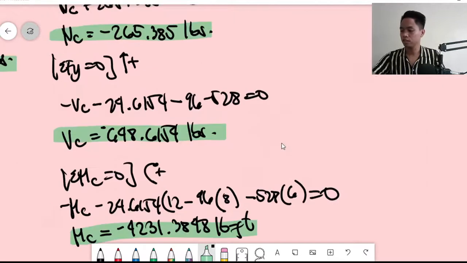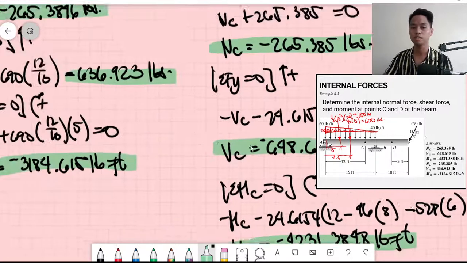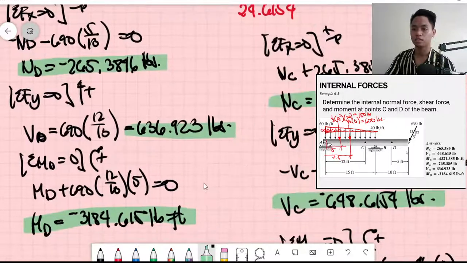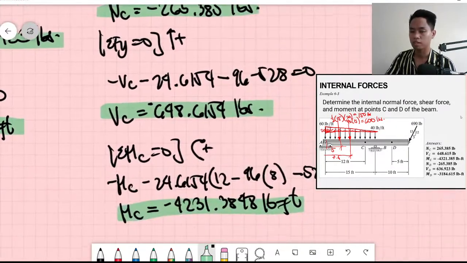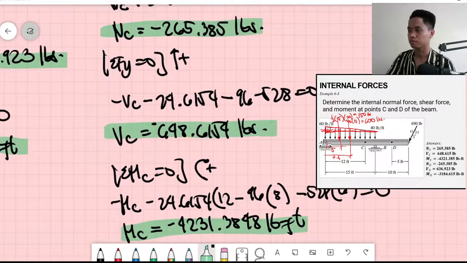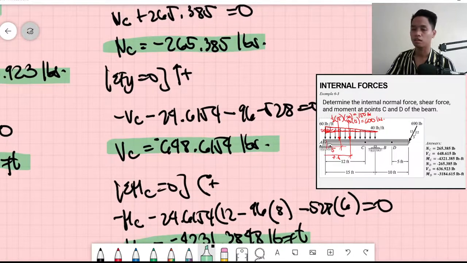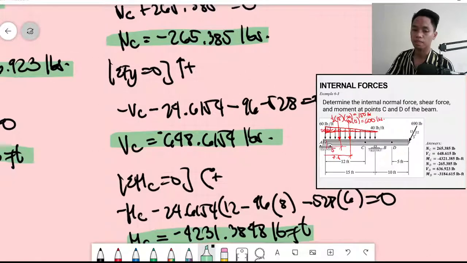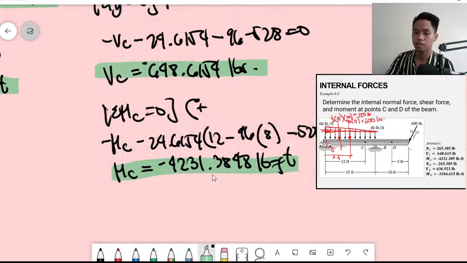Okay, so now let's check if our answers are correct. What is the normal at C? Normal at C is negative 265. Yeah, that's correct. Shear at C is negative 648. Why negative? It should be negative. And your moment at C is negative 4231.384.